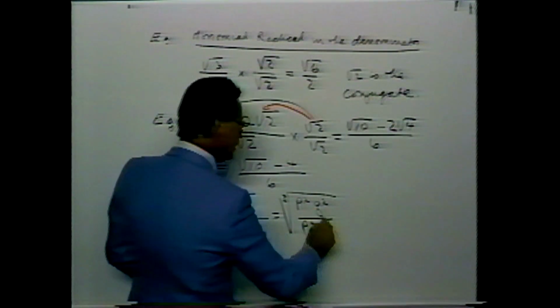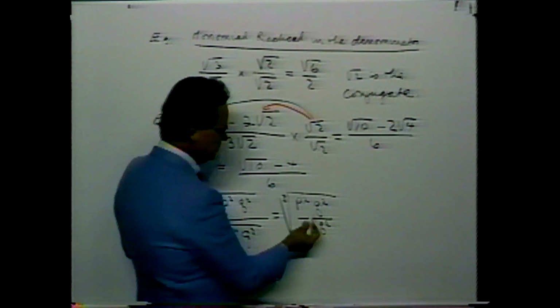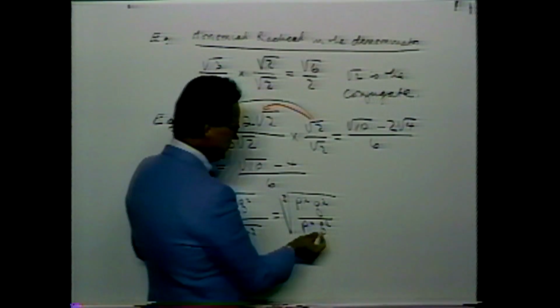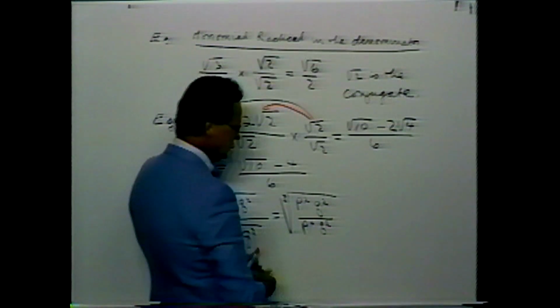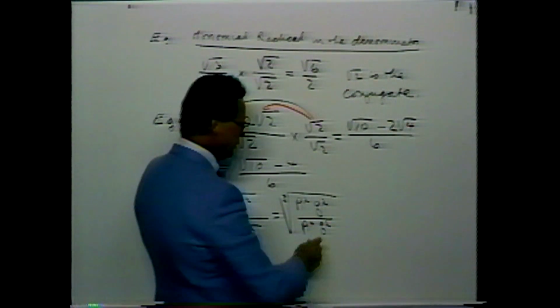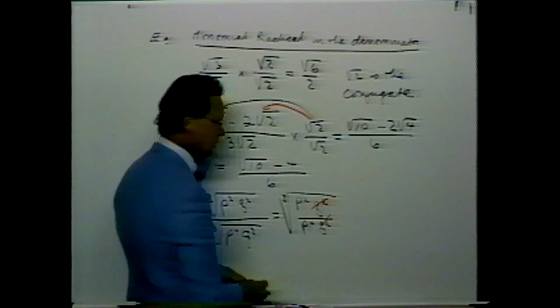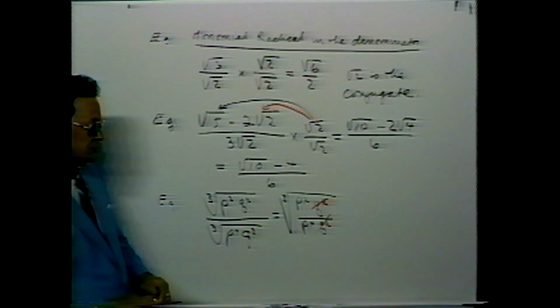This immediately shows one interesting, important aspect of this problem: that q squared over q squared can be taken right out since they are equal to each other.